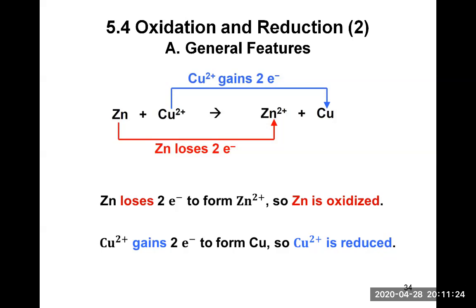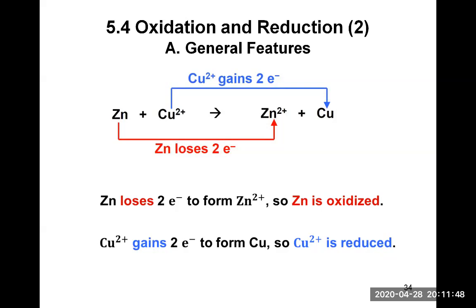So here, if we look at the zinc only, we start with the solid metal, the element with an oxidation state of 0. It's neutral. And then when it becomes zinc 2+, it's an ion with 2 positive charges, which means that zinc lost 2 electrons.